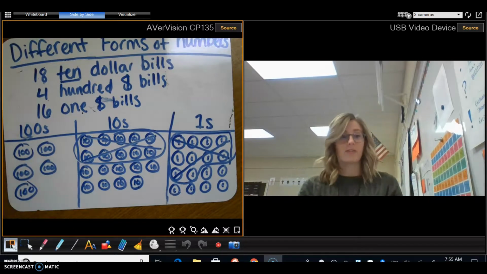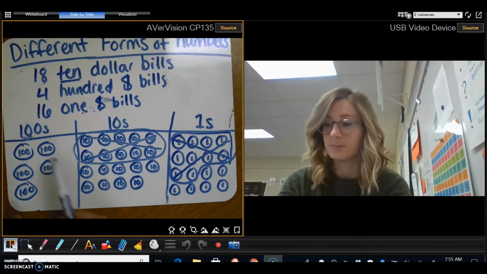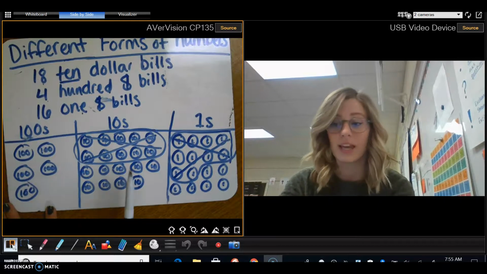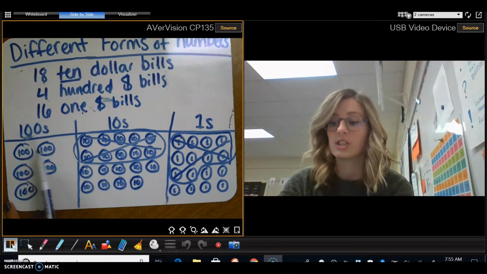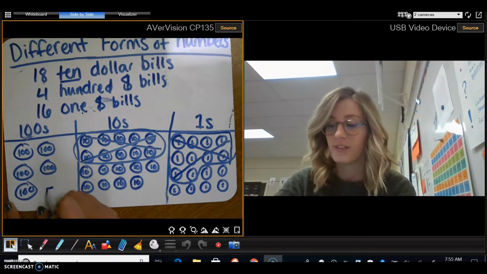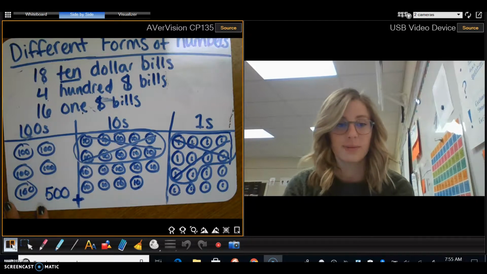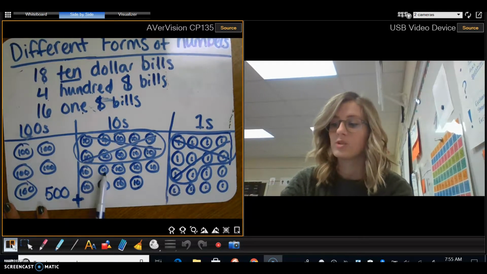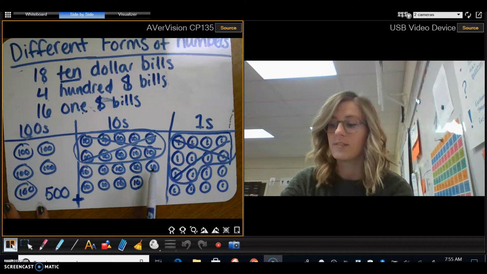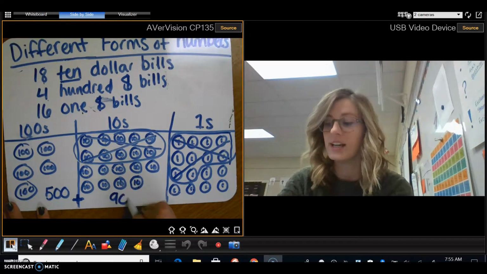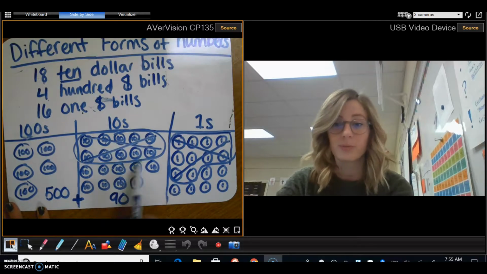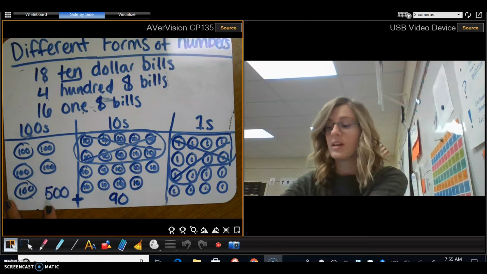So now we need to count for our new number. So the total amount of money they gave us was 100, 200, 300, 400, 500. I'm going to write down 500 plus, it's a little hard to see, plus 10, 20, 30, 40, 50, 60, 70, 80, 90, plus 90. Because remember, we're not counting our old group of 10s because that is now over in our hundreds, right?